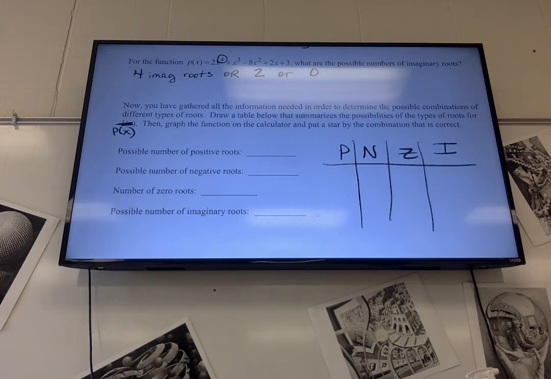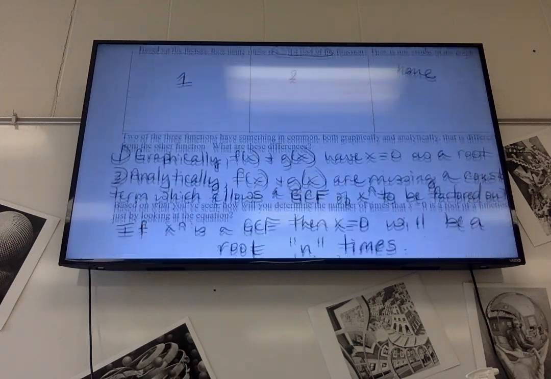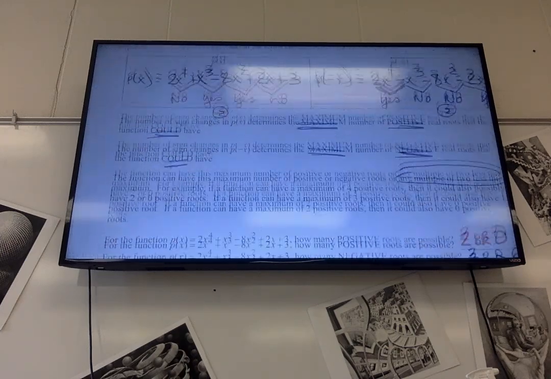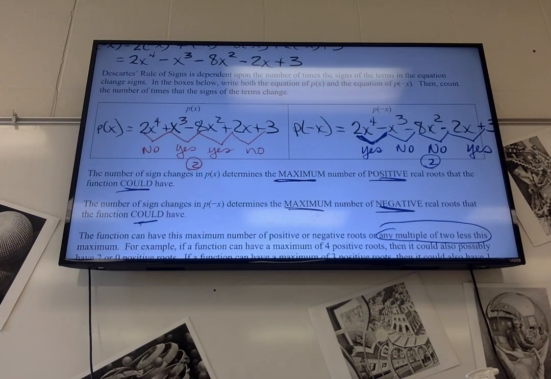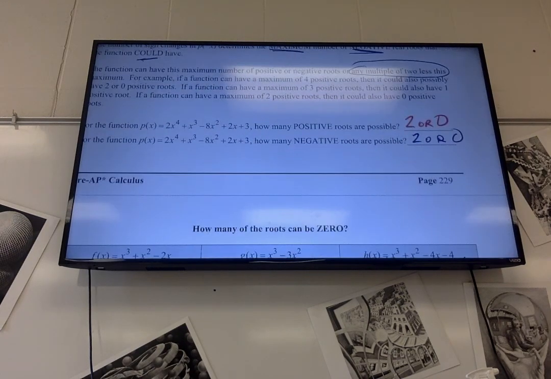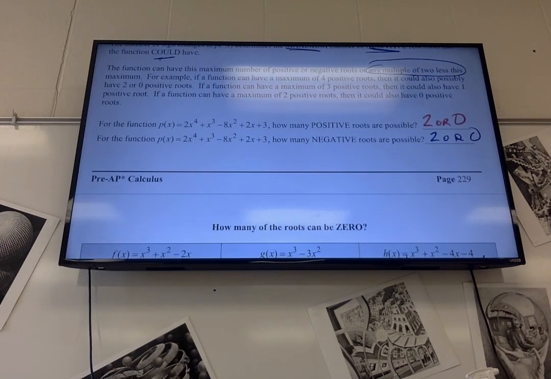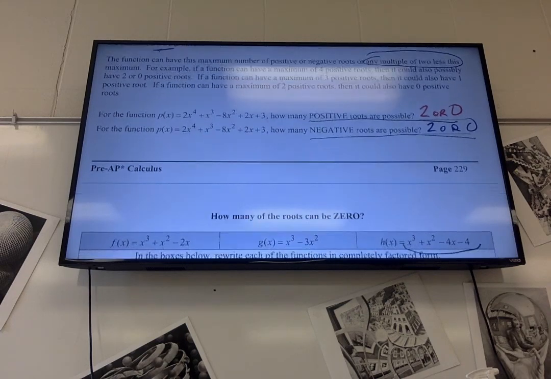Now we figured out, if you go back, yeah, we did this yesterday. Remember, to figure out the positive and negative roots, we just look at the sign changes of p of x and p of negative x. And we found that there were 2 or 0 positive roots or 2 or 0 negative roots.